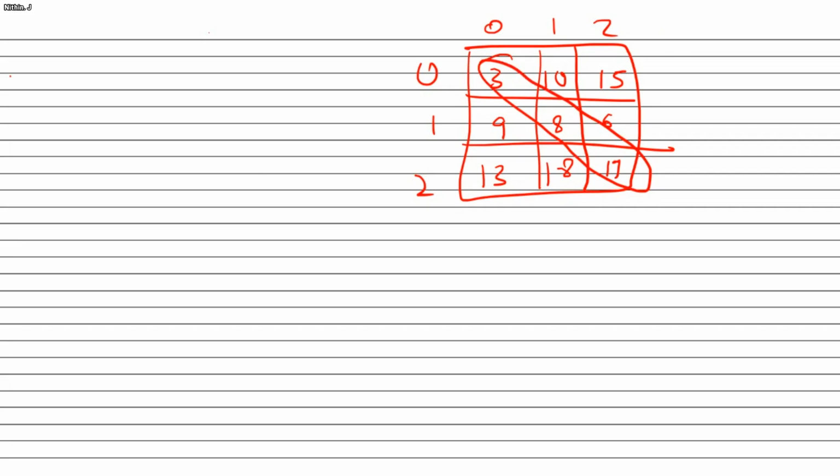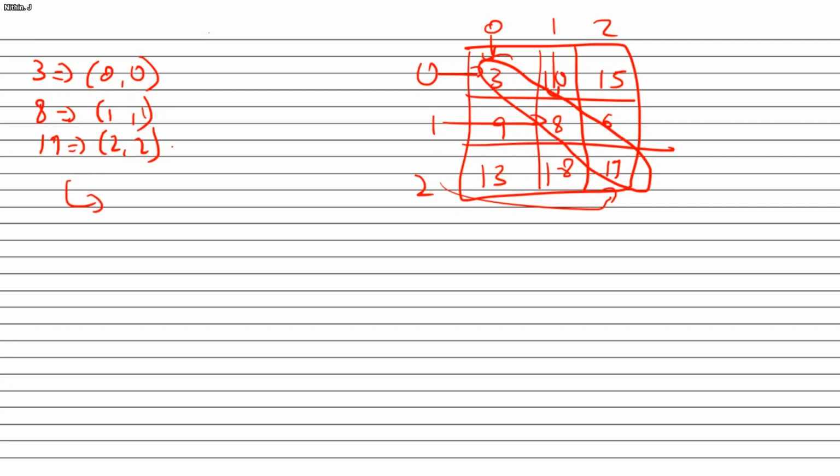So let's first take the location of 3 in my 3 cross 3 matrix. This is present at the 0 comma 0 location, and my next diagonal element, 8, is present at the 1 comma 1 location, and my last diagonal element from the primary, 19, is present at the 2 comma 2 location.